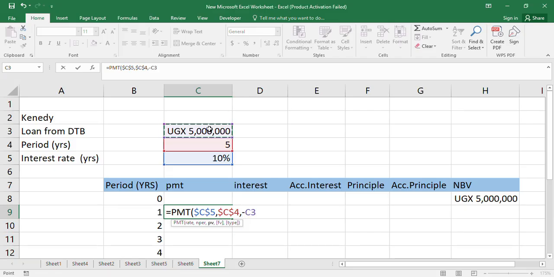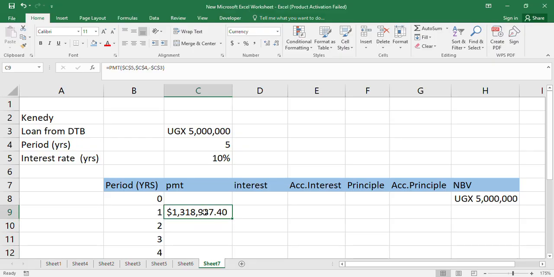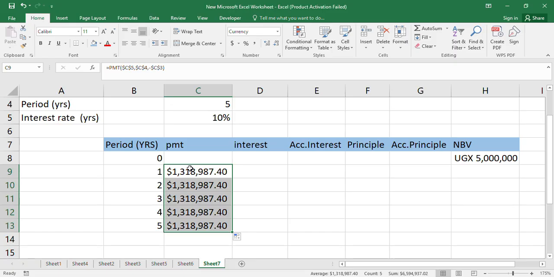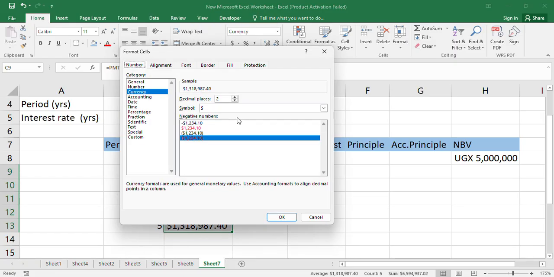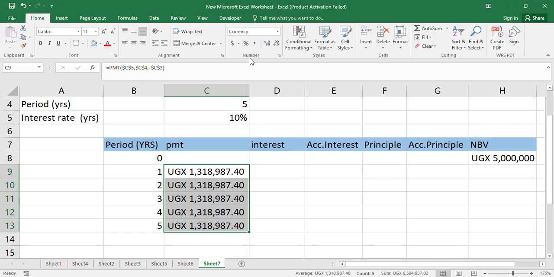In loan amortization, always put this as a negative because the amount must be reducing. We shall autofill this, but we need to format our cells and put them in UGX, and you can also remove the decimal places.